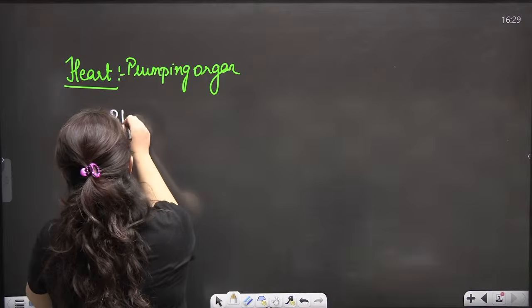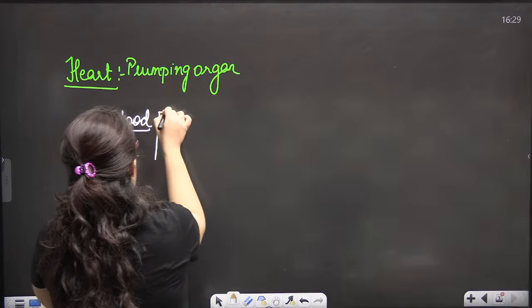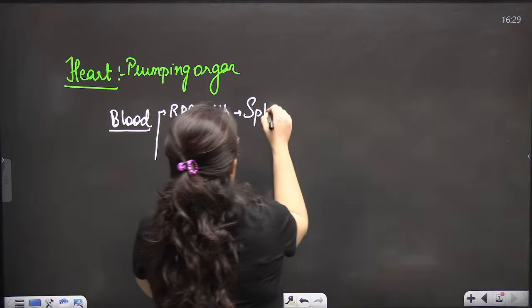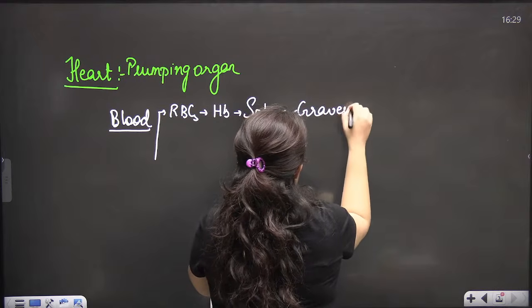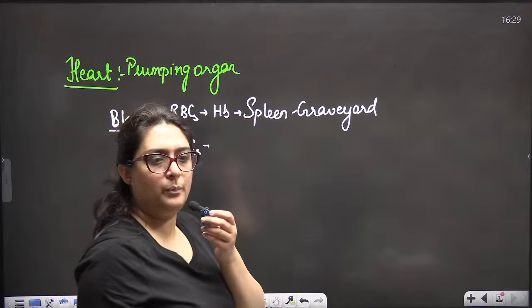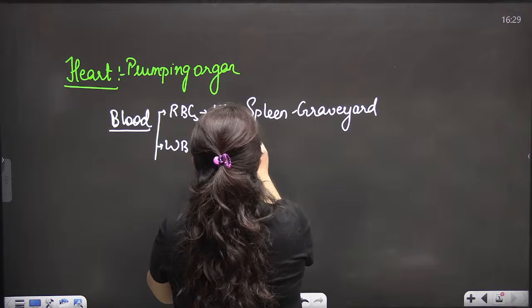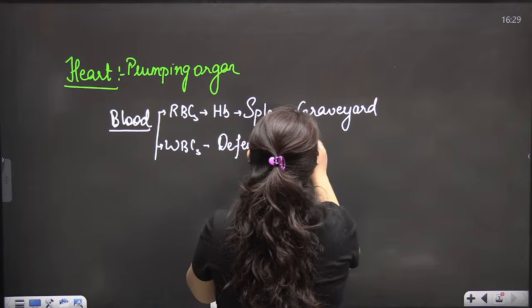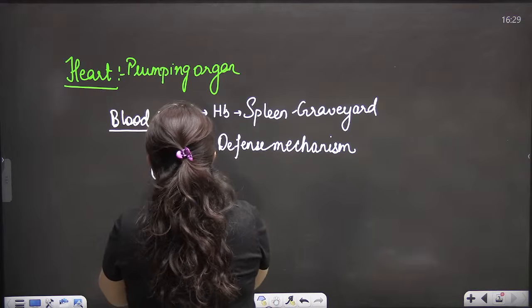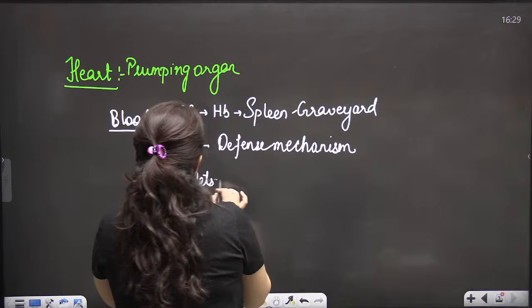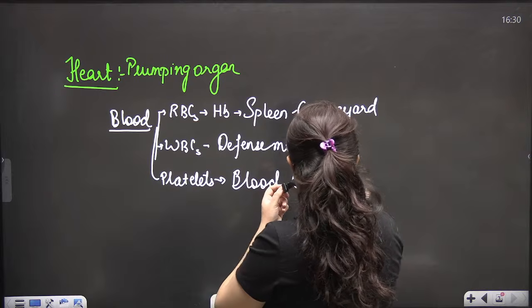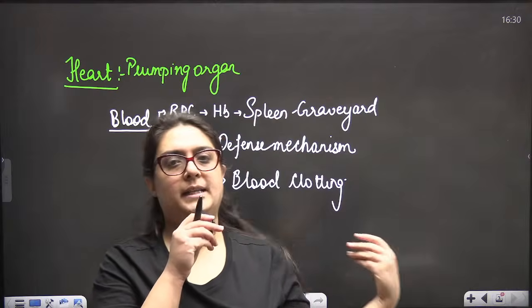Like in blood, RBC, red blood corpuscles, they have hemoglobin. RBC graveyard. Then WBC: defense or defense mechanism. And platelets: blood clotting.